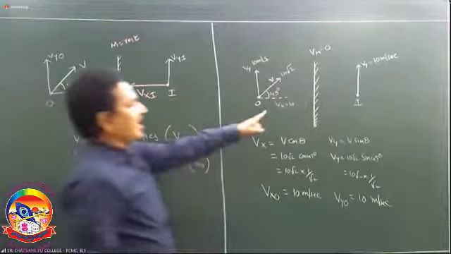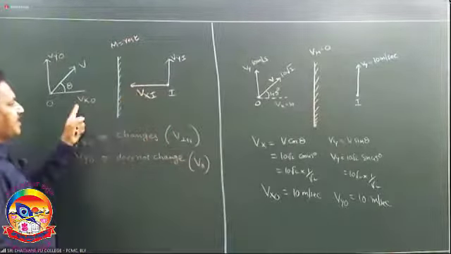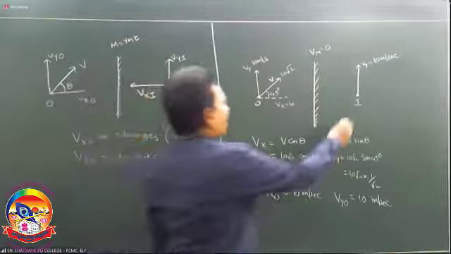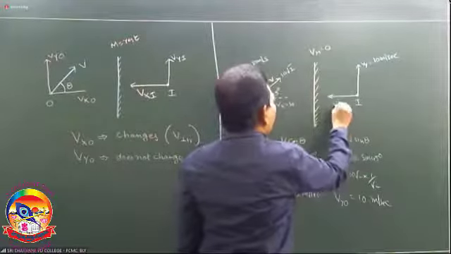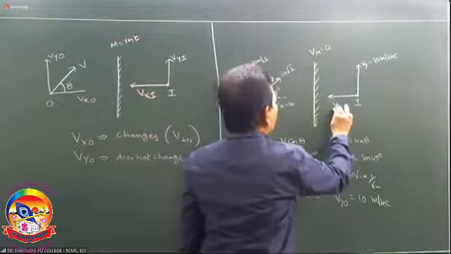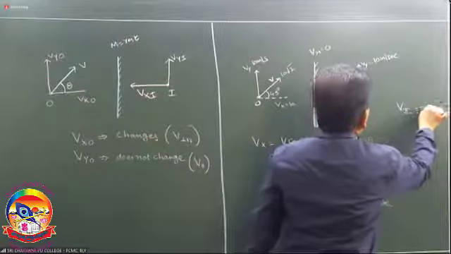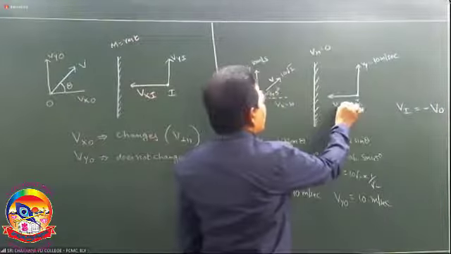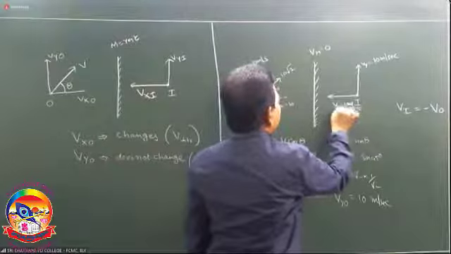But along the x-axis, it reverses its direction. So the velocity along the x-axis will be like this. What is the value? We know the velocity of the image is equal to minus the velocity of the object. So this is also 10 meters per second, but towards the mirror.